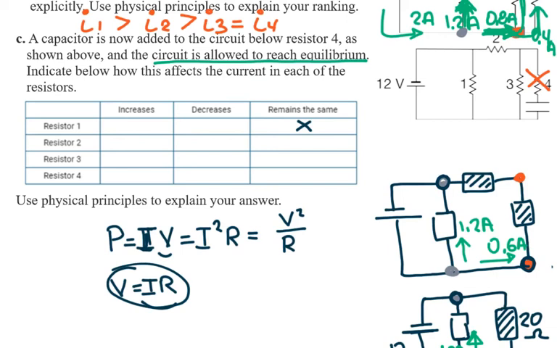So because the voltage is the same for the first resistor, and the current is the same, the brightness is going to stay the same.